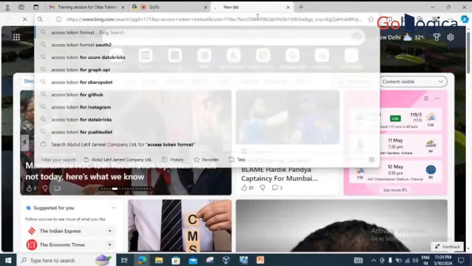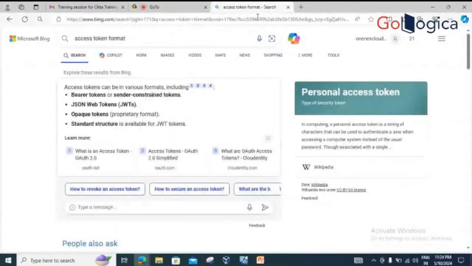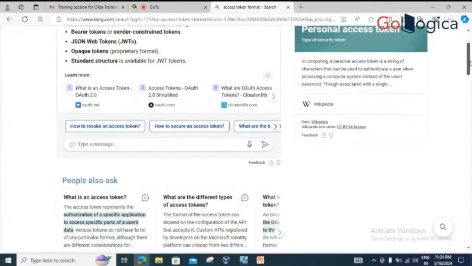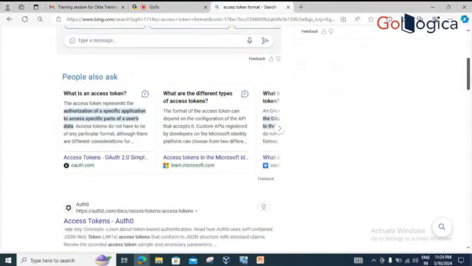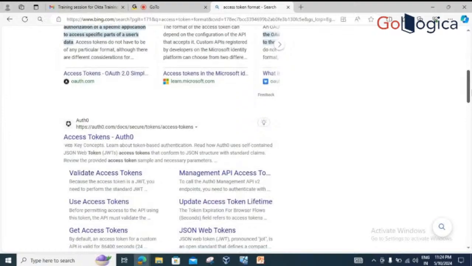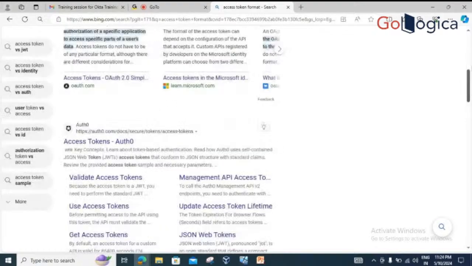Access token always comes in a string format. It's basically a JSON, meaning JSON Web Token. So basically, this access token comes in alphanumerical format. Alphanumerical format means, I'll show you an image to understand that part.